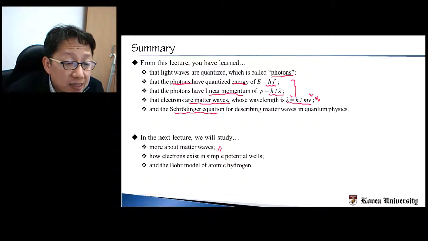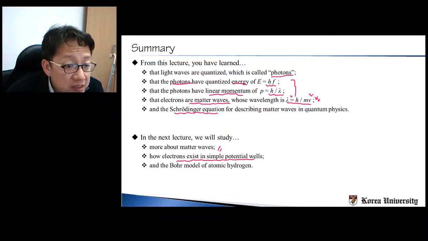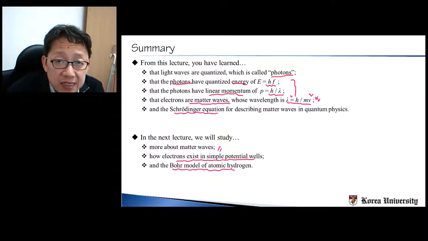But in the next lecture we will see how electrons exist in the case of simple potential wells, the infinite potential well and finite potential wells. Okay, and finally we will see the Bohr model of atomic hydrogen, which is the case of the electron trapped by a positive spherical potential. This is how we understand the electron's existence inside the atom.